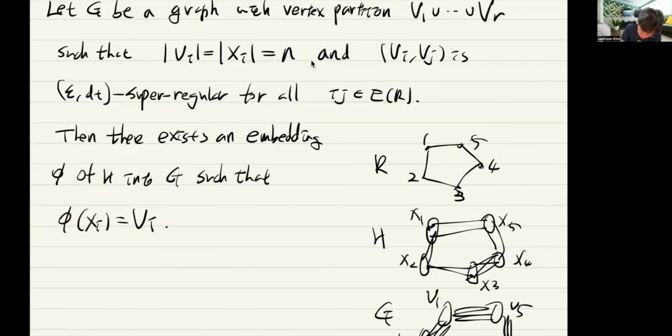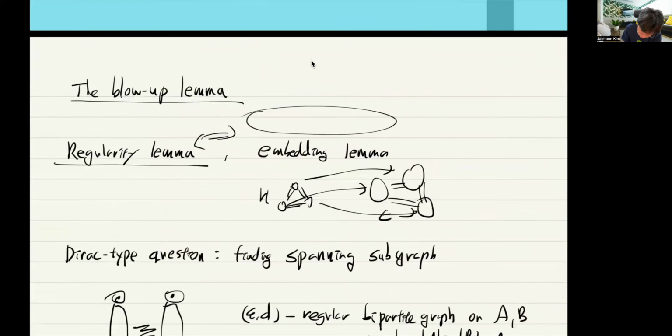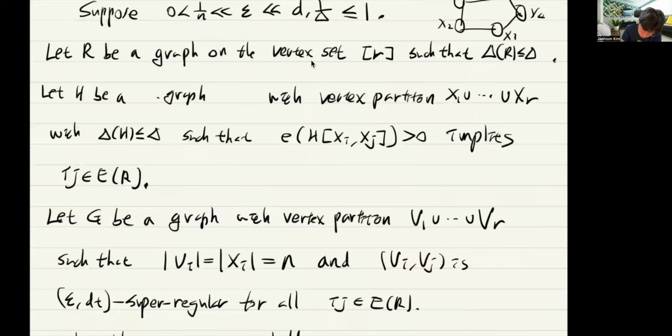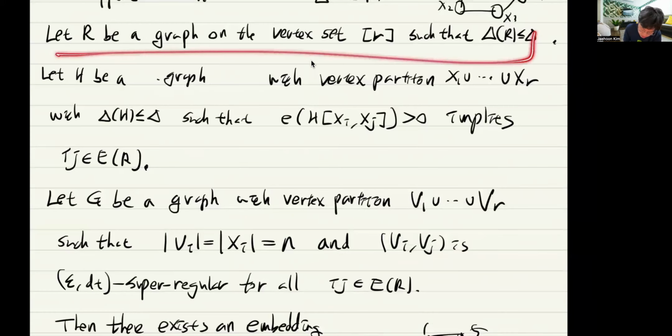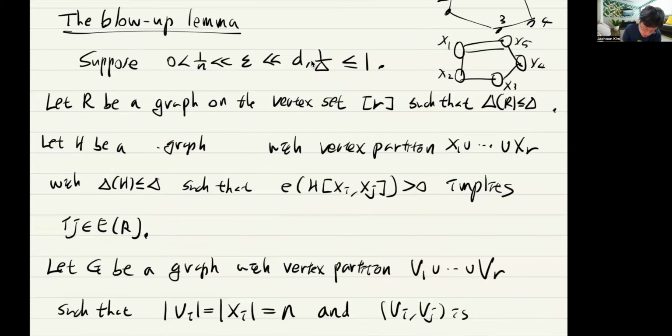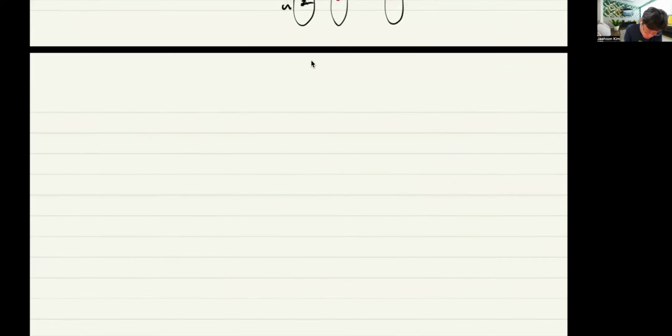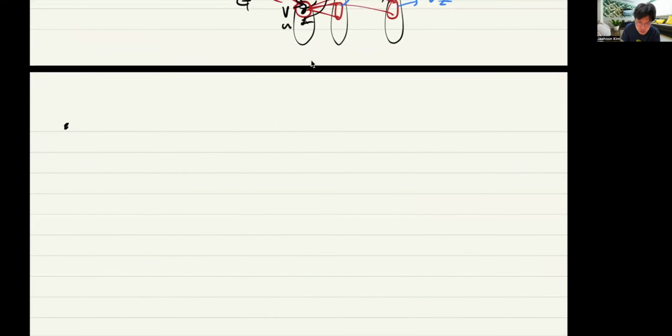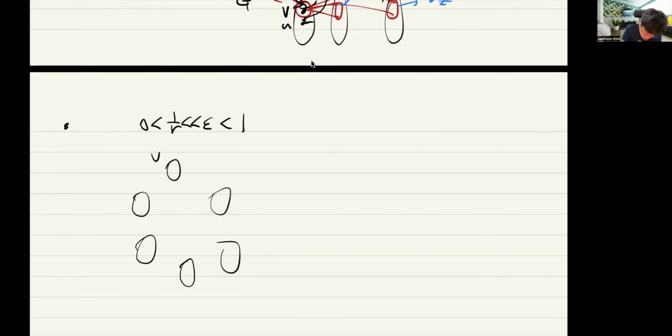And one thing to notice here is that this R has to be a graph with bounded maximum degree. And later we want to combine this with the regularity lemma, right? But once you apply the regularity lemma, what will happen is that you get the epsilon regular partition, but the number of parts is large.